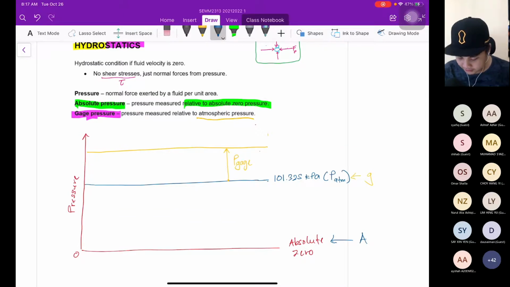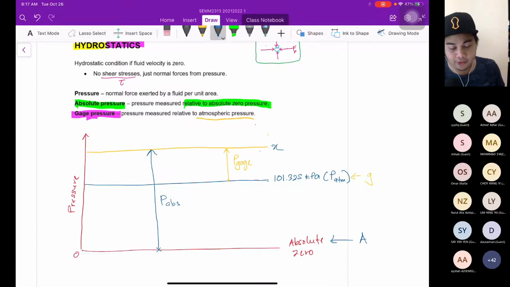If we have this pressure, how do we calculate the pressure at X? Definitely from here to the top. So now here is the P absolute, because for P absolute, remember, the reference is the absolute zero.